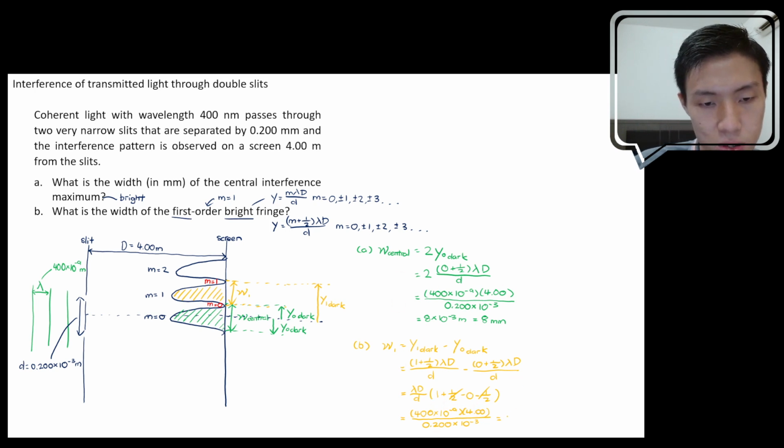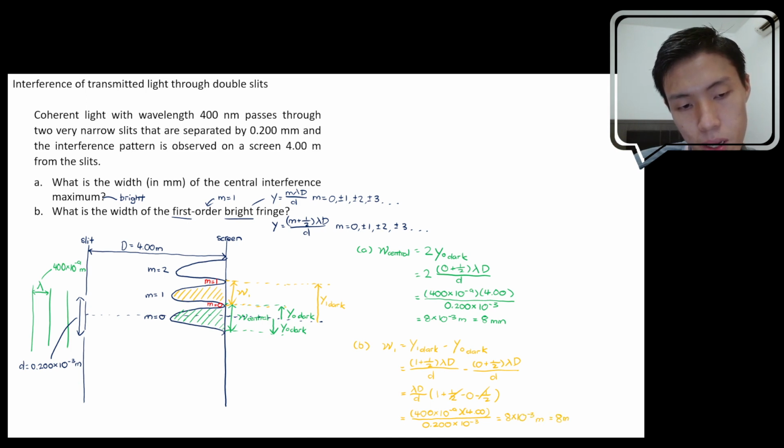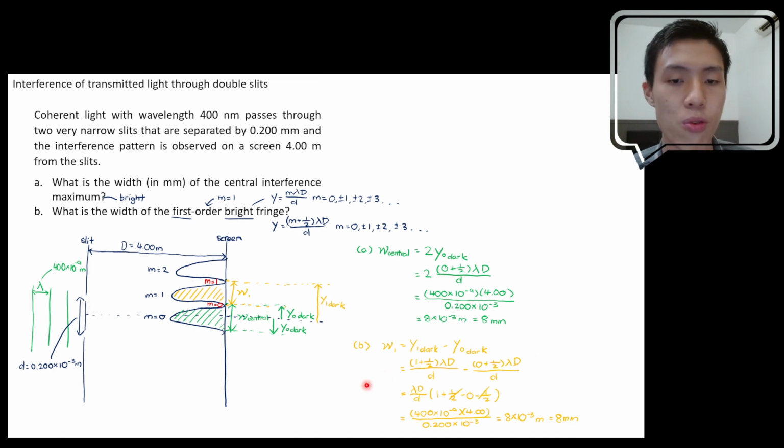So you get the answer to be 8 times 10 to the power negative 3 meter, which is also 8 mm. This is consistent with what we learned from the theory, in which all the bright fringes or all the dark fringes should have the same width. The width of all the fringes is the same when we are talking about interference of transmitted light through double slits. So that's it for this question over here.